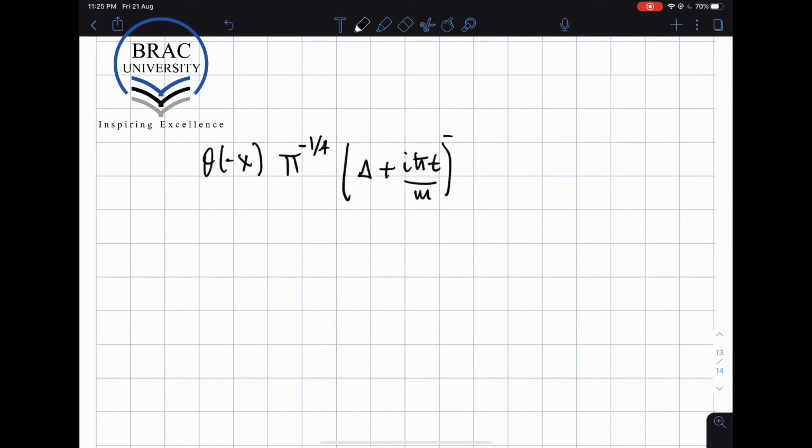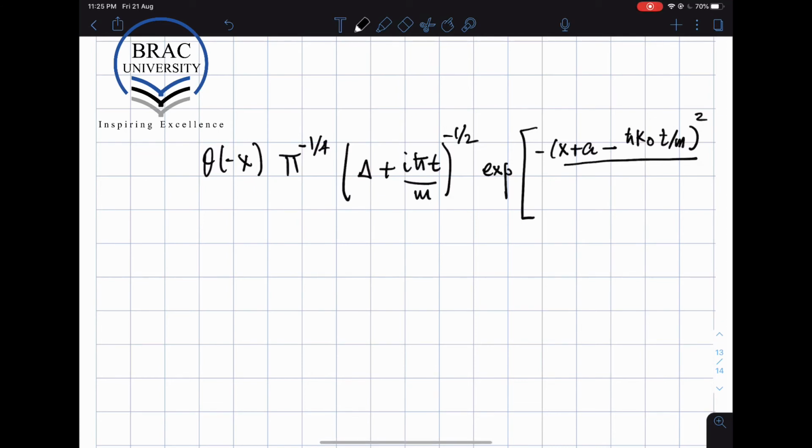It flattens, it actually becomes lower and lower. As t becomes larger, this factor becomes smaller and smaller. And then it has a Gaussian part, and the Gaussian part is saying that its position is given by minus a plus h bar k naught t over m, the whole squared, and that its width, its spread, is also a time-dependent object, so that as time goes, it spreads out, as well as its height becoming smaller and smaller.